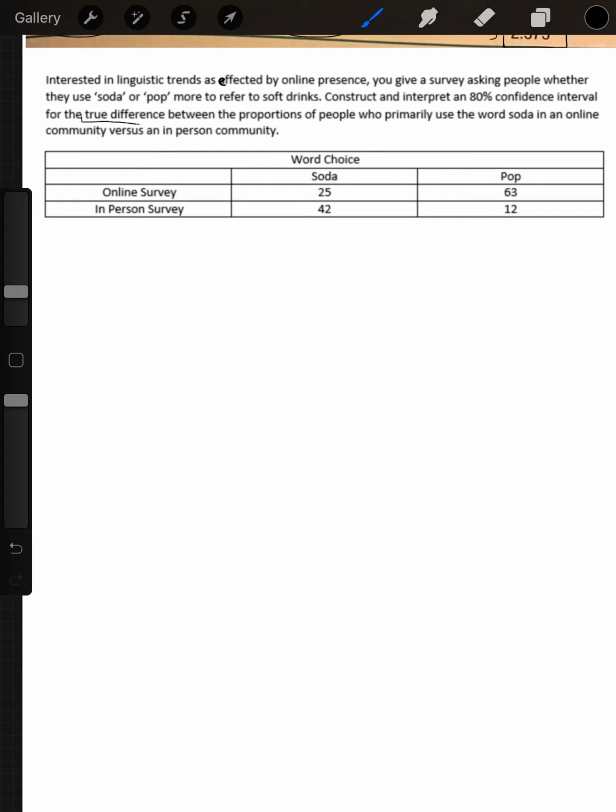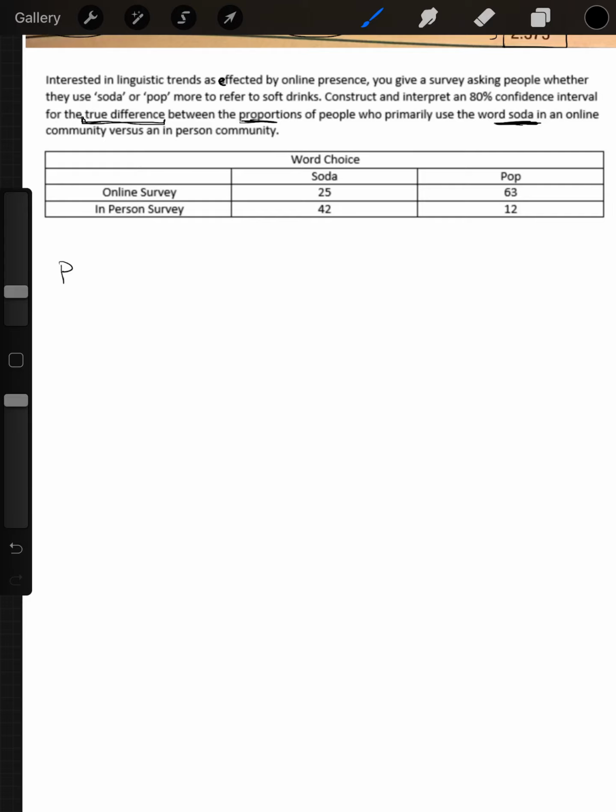So one of the hints for these things is the true difference generally means the difference in population rather than the difference in sample. So that's one of the things that indicates to us what type of problem it is. So this is a difference in population proportion. And this sentence also tells us that the P that we care about is the one using soda, right?